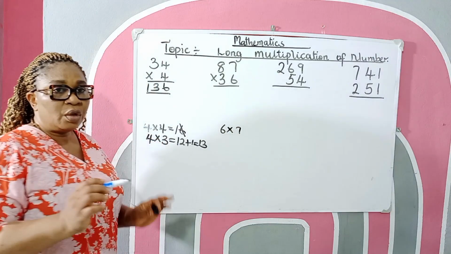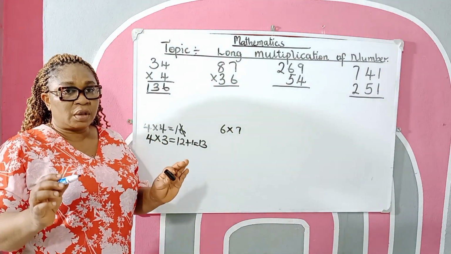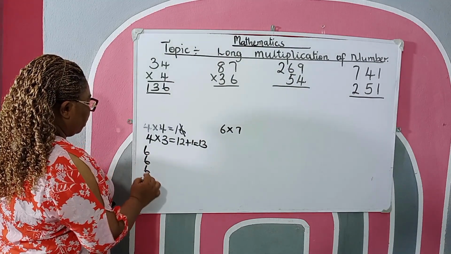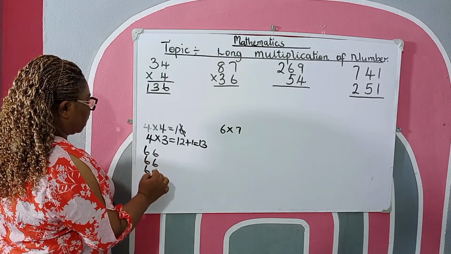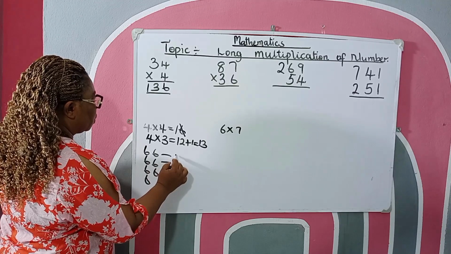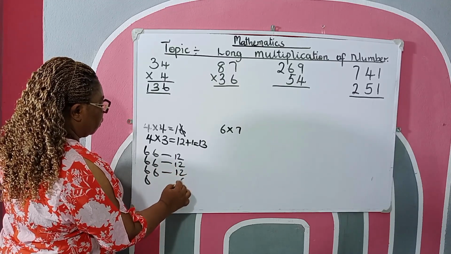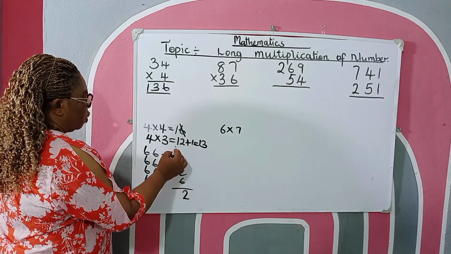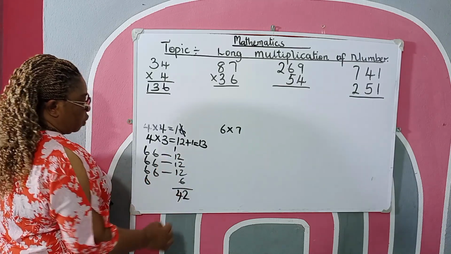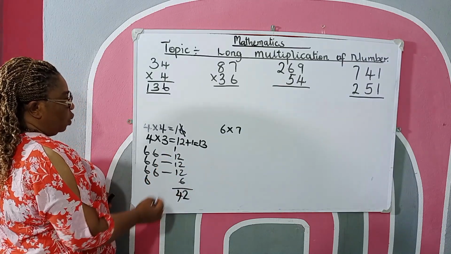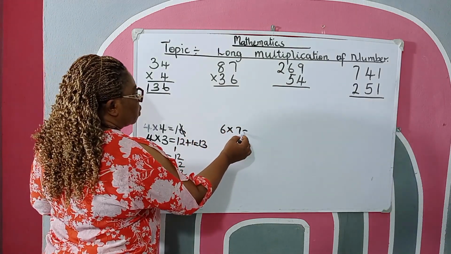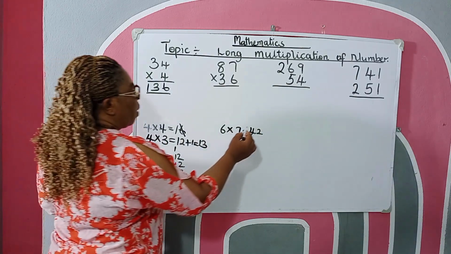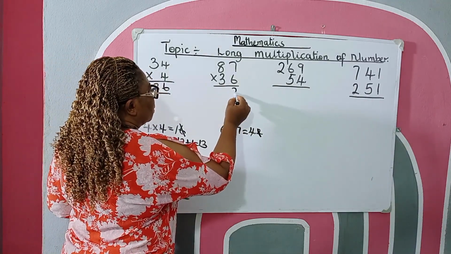Remember I told you, don't open your multiplication table. 1, 2, 3, 4, 5, 6, 7. 12. Then add up the 6. This one will give us 12. We put 1 here, and this one will give us 4. That is 42. So 6 times 7 will give us what? 42. Good. And we write 2.